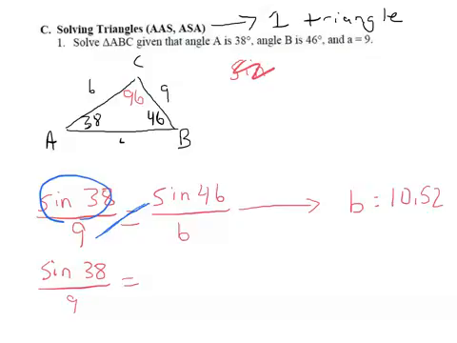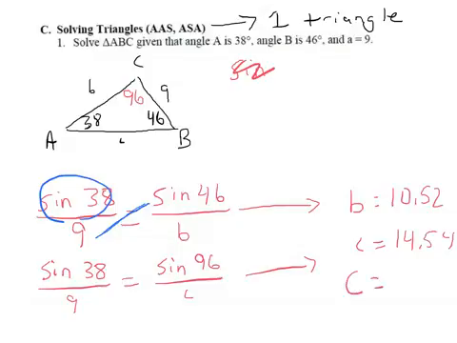So if I keep doing this, I know that angle C was 96 degrees. Trying to solve for little c again, cross multiply and divide. You should get that lowercase c is 14.54. And capital C again was 96 degrees. We figured that out earlier.